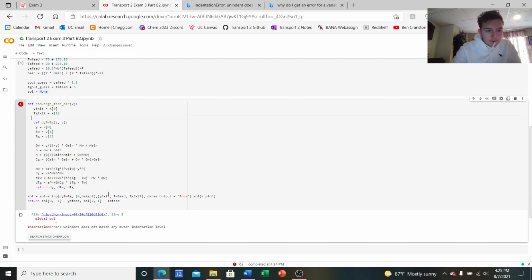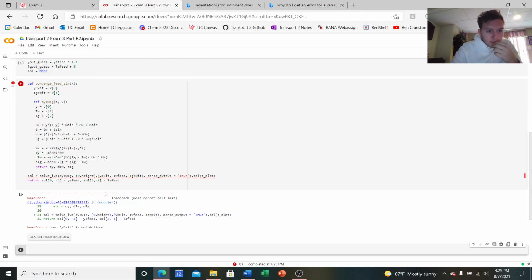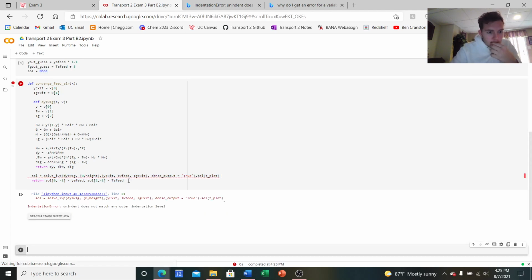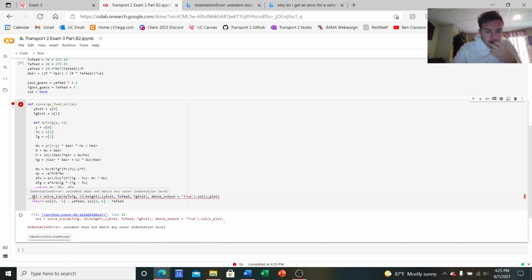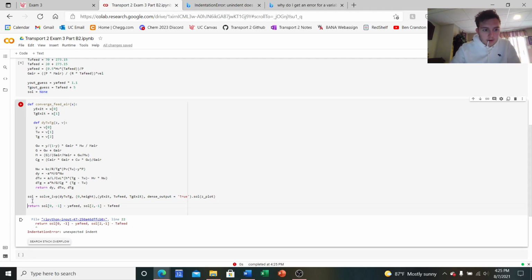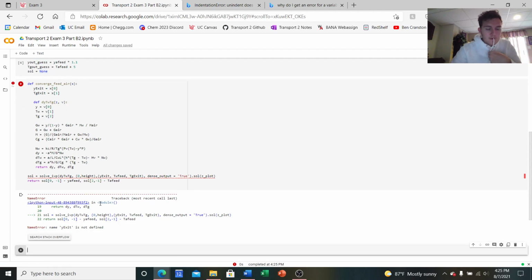Because it comes all the way down here. Even when we get rid of the global solution, it comes all the way down here for this solution. I need that value to occur. I just don't understand why y-axis is not defined, but it's literally defined right here.